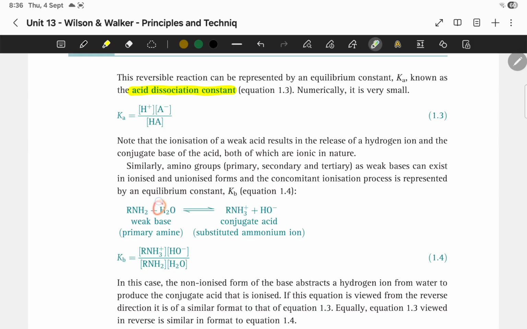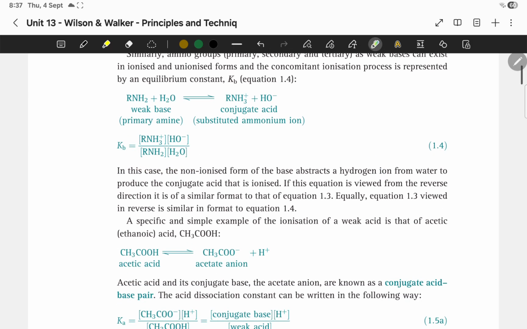So this one loses and this one gains. In the case of the non-ionized form of the base, it abstracts a hydrogen ion from water to produce a conjugate acid that is ionized. If the equation is viewed from the reverse direction, it is similar to the format of equation 1.3. Equally, equation 1.3 viewed in reverse is similar to the format of 1.4.